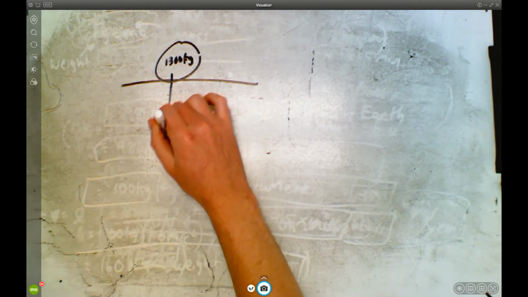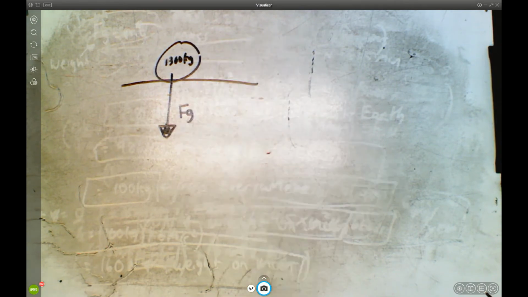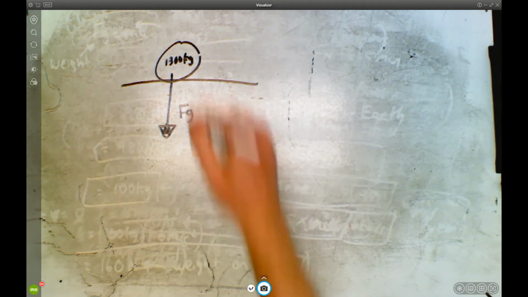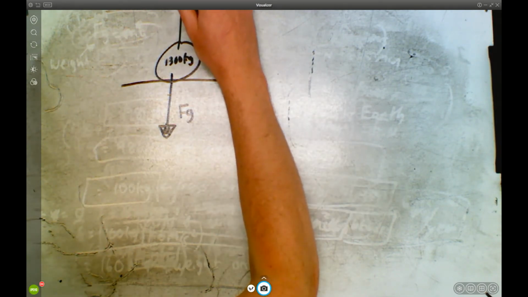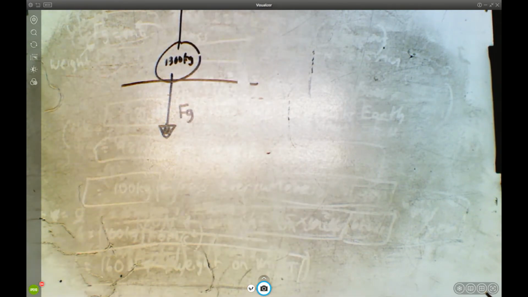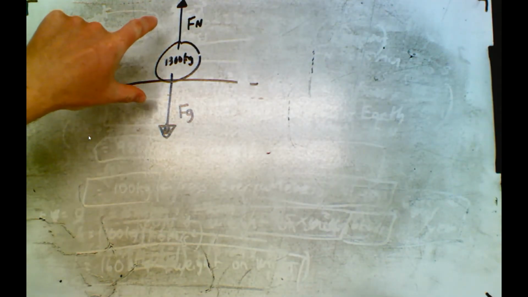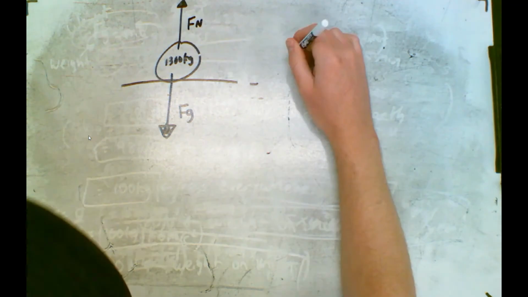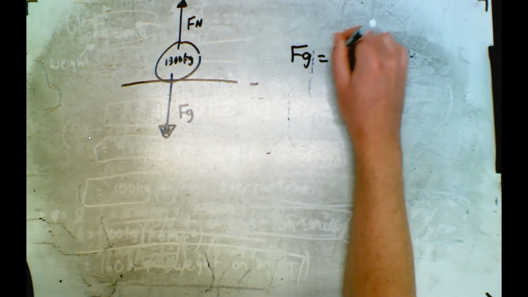And it's on the Earth, so there's a force of gravity acting on it. And because it's stationary, there must be an equal force acting on it because the net force is 0, so we draw an equal arrow. Because we know these are the same, we can say that Fg is equal to Fn.